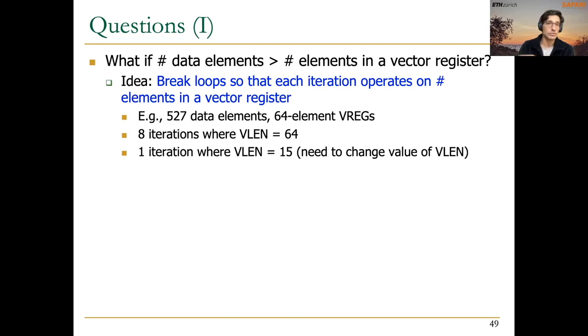And when this happens, what we simply do is execute the instructions in multiple iterations, right? For example, in case of vector length equal to 64, we will need 8 iterations.